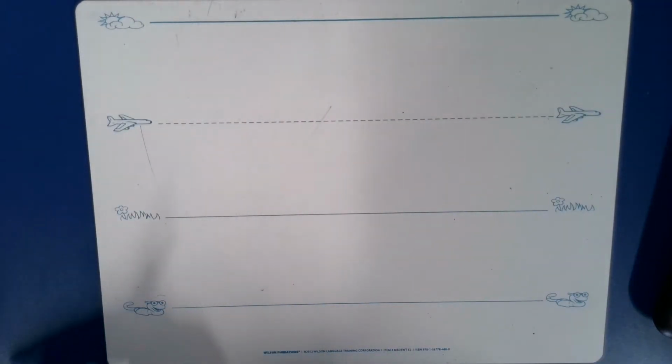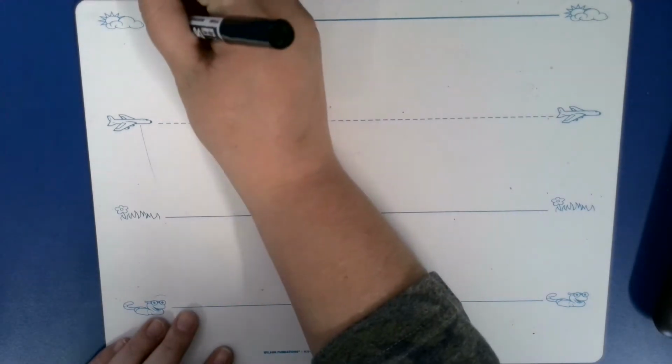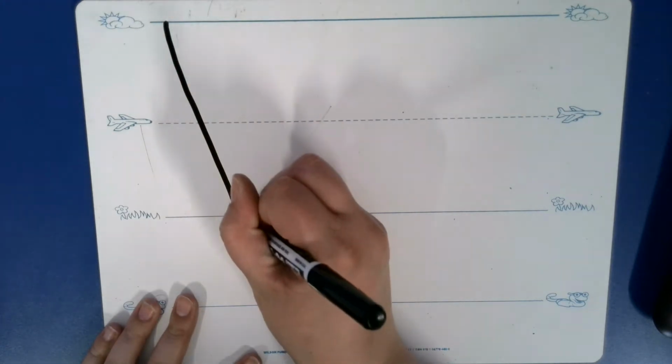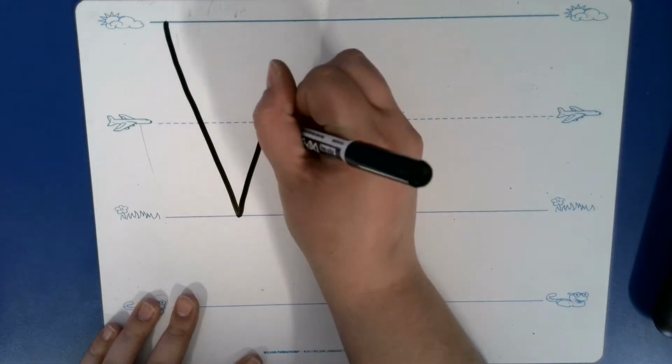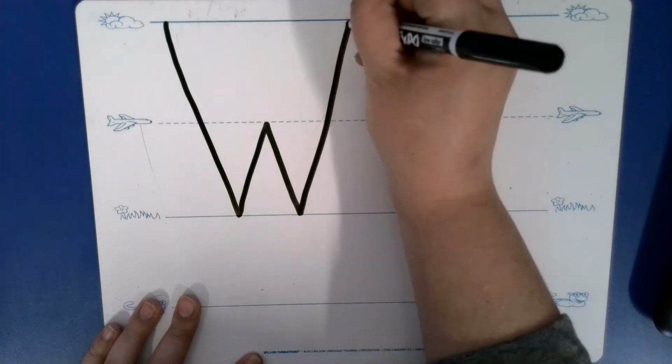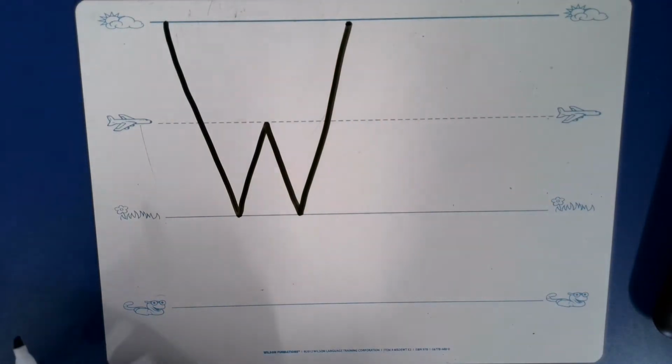For a W, we start at the skyline. We slide down to the grass line, slide up to the plane line, back down to the grass line, and all the way up to the skyline. W, wind, w.